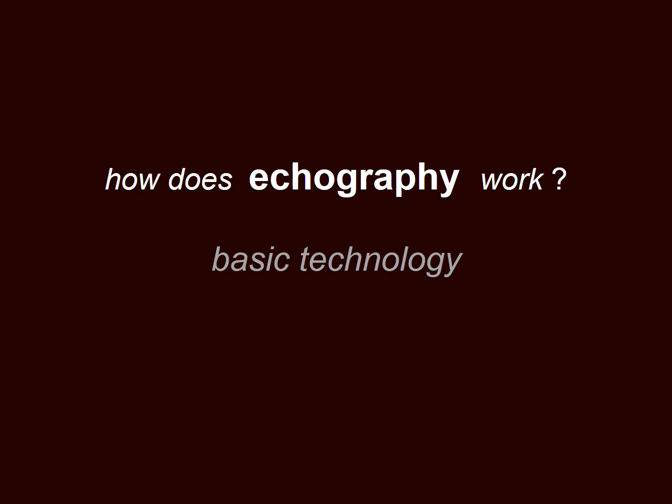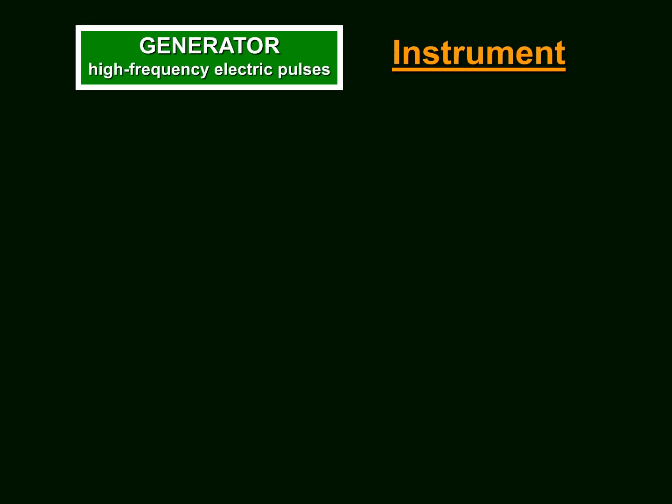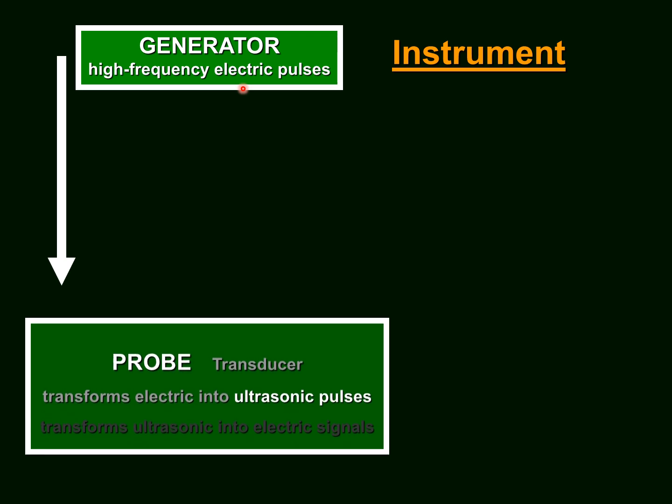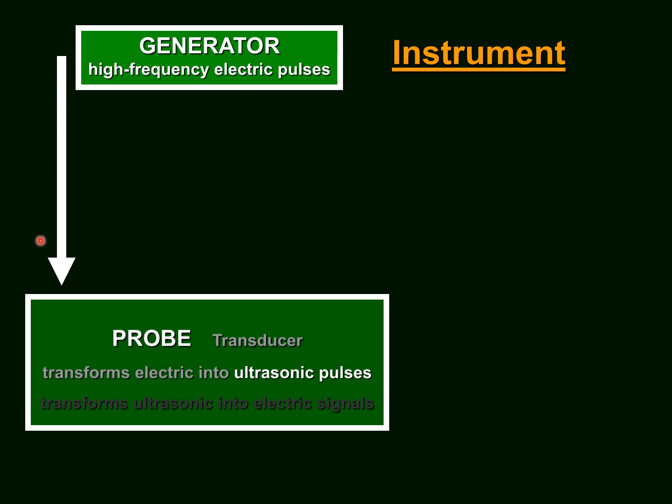And now the question, how does echography work? An echographic instrument has a generator that produces high-frequency electric pulses. They are emitted through a high-frequency cable and reach the probe.